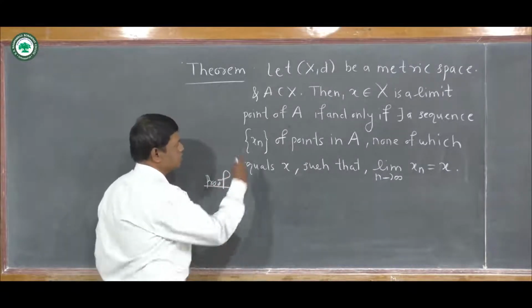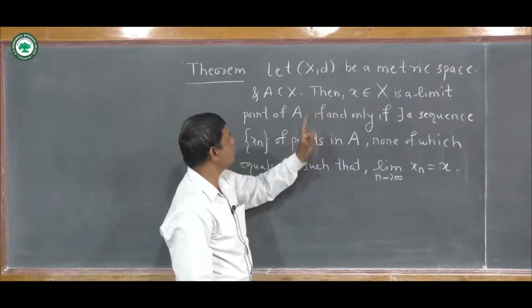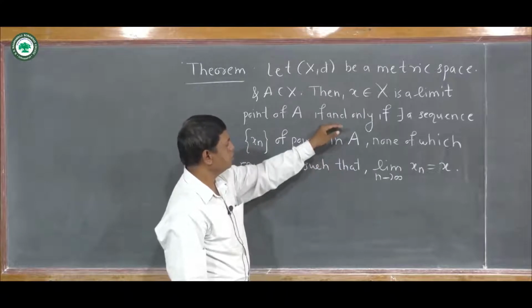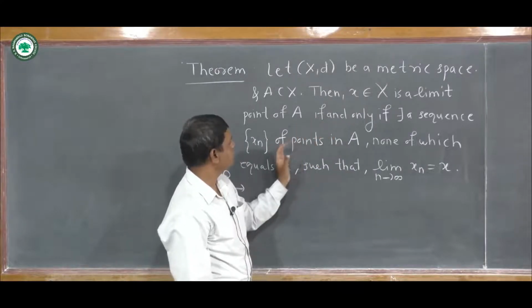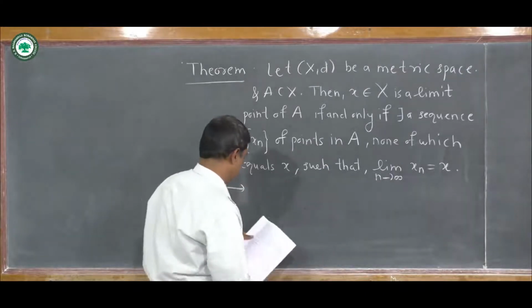Okay, so to prove this, here first we are going to consider that x is limit point of set A. Then here we are going to show that there exists a sequence xn of points in A which converges to x here.